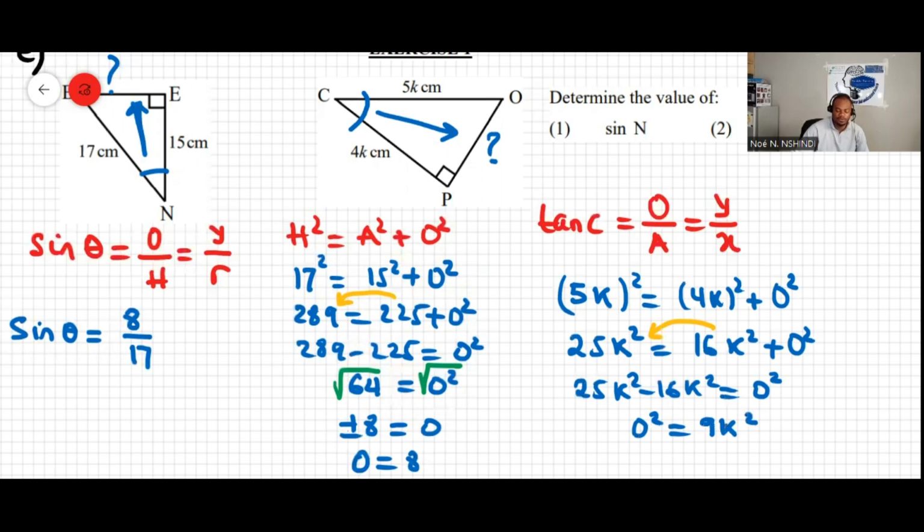Now to get the value of o, we square root both sides, and that makes o equal to plus minus 3k, but a negative length doesn't make sense, so this is going to be 3k. So therefore over here the value is 3k.